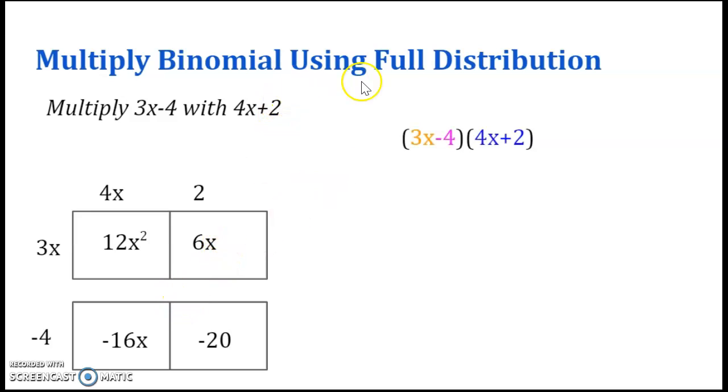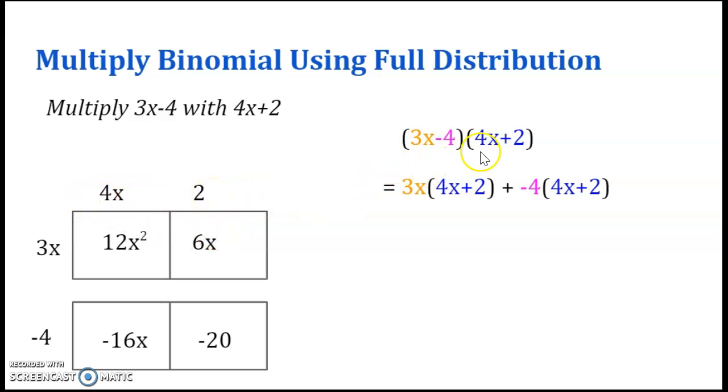And using the distribution method is really just splitting this into two separate rectangles. So here 3x minus 4 multiplied by 4x plus 2 really is the same as 3x being multiplied to 4x plus 2, and then negative 4 being multiplied to 4x plus 2.